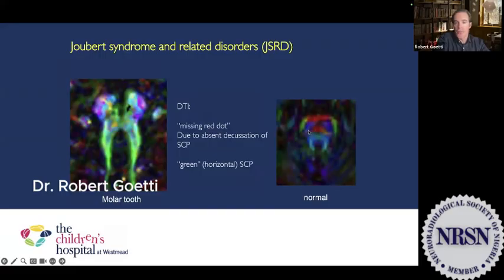As I mentioned earlier, red encodes left-right, so these are transverse fibers, and this is the decussation of the superior cerebellar peduncles. In a patient with Joubert syndrome, this red dot will be missing, and we will just have the thick superior cerebellar peduncles, green for AP, no red crossing fibers.